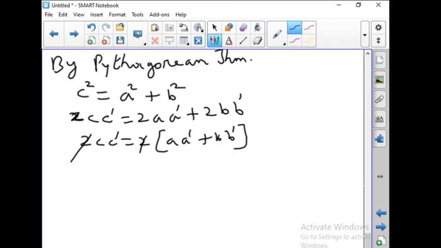It is asked to find how fast the distance between the two cars is changing, that is we have to find c dash. So c dash is equal to a dash plus b dash by c.